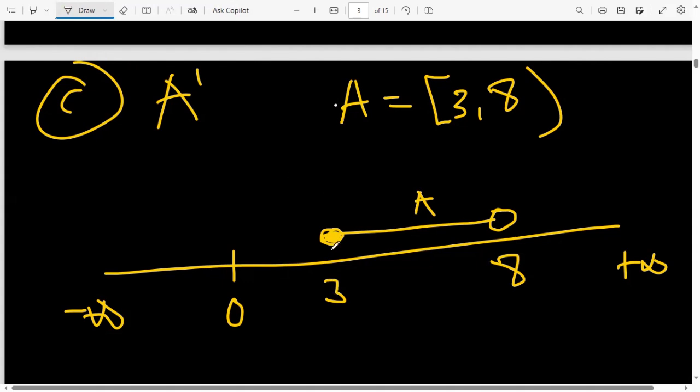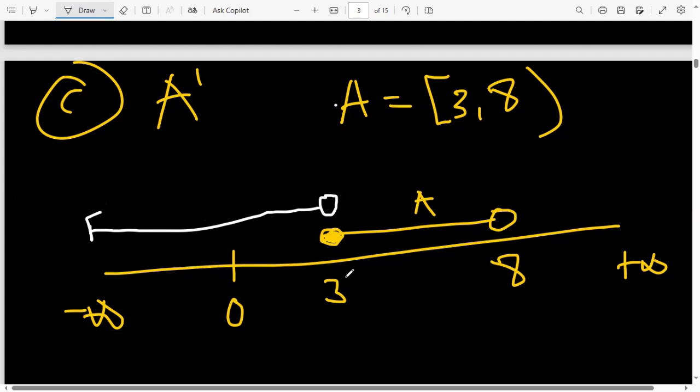So just above 3 here, I'm going to draw an open circle, and then I'm going to go to the left side all the way up to infinity like that. And then here above 8, so here I drew an open circle because the circle below is shaded. So if the circle below is shaded, meaning the 3 is part of this set A, it means the 3 should not be in the A complement, right?